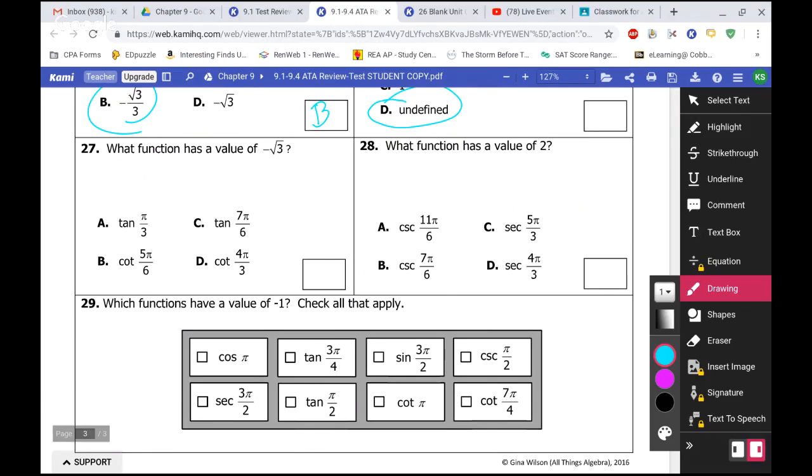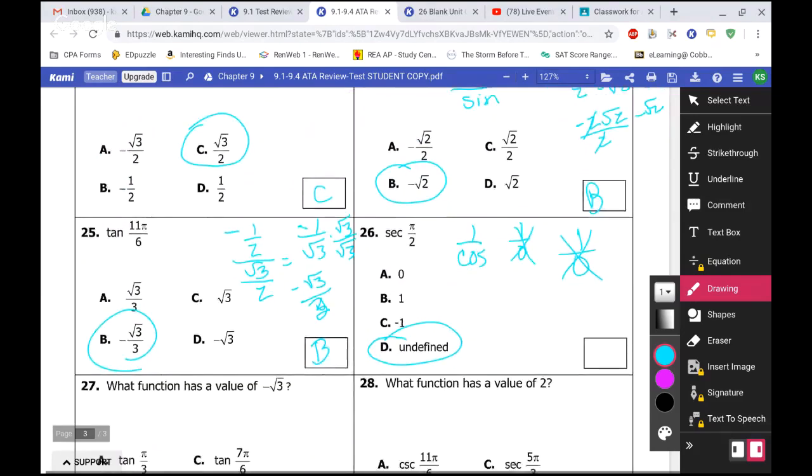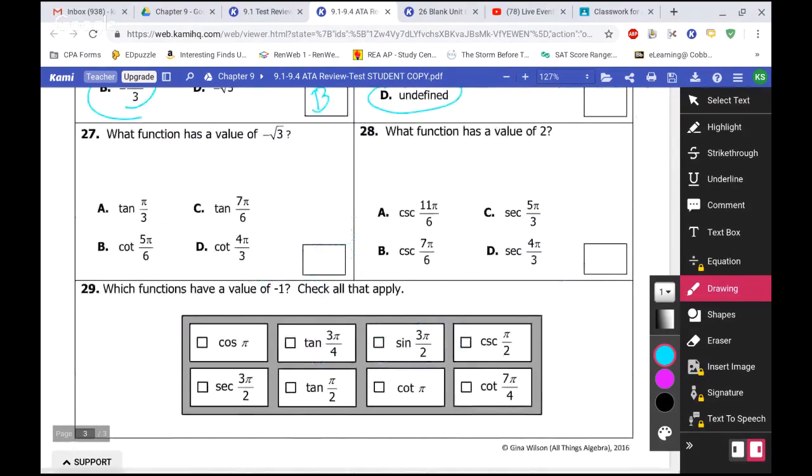Now, what function has a value of negative root 3? What you're going to think about, once again, I think this makes it a little trickier because it's multiple guess. But somewhere on here, you're looking for one of the trigonometric functions that has a root 3 in it, because you're going to want to end up with that.